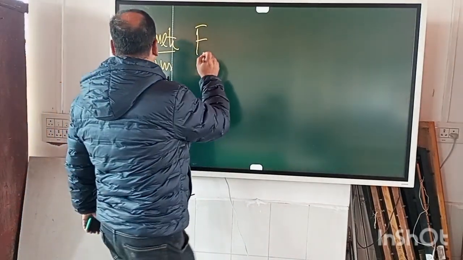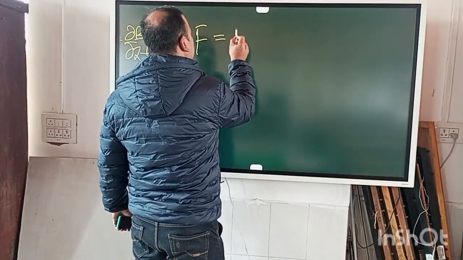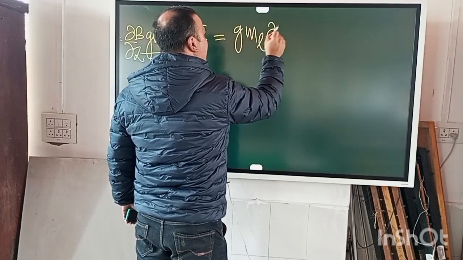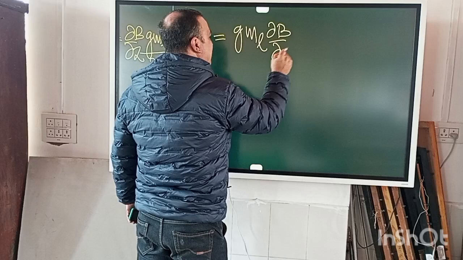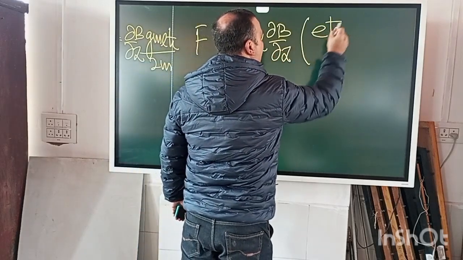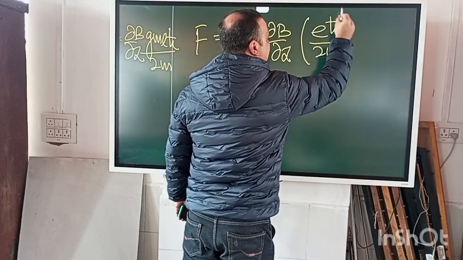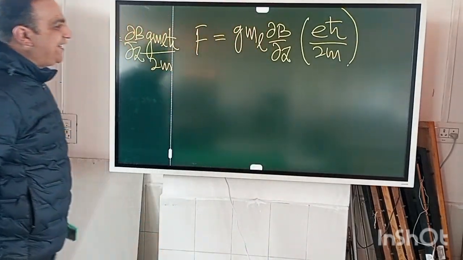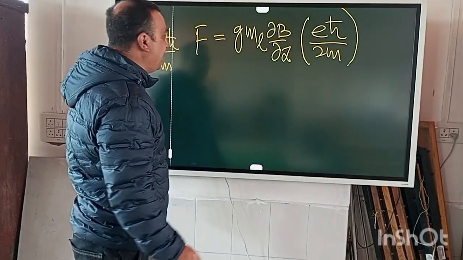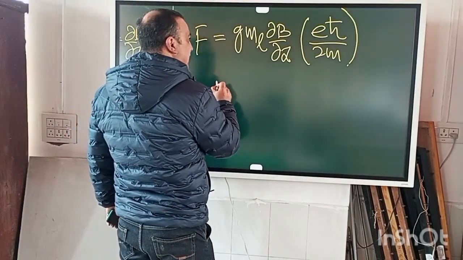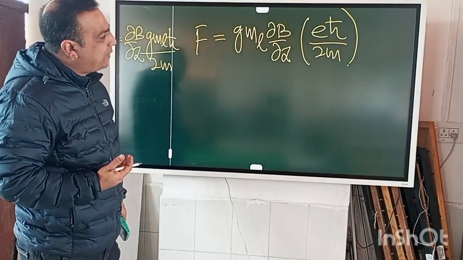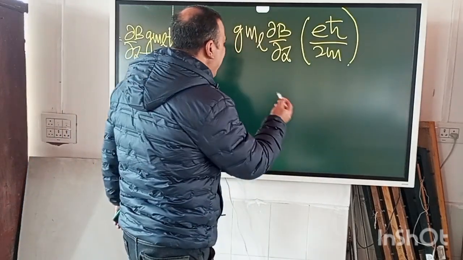So G is out, M_L is out, dou B by dou z, and then you have e h bar by 2m. The thing in the brackets is called the Bohr magneton, where e is the charge, h bar is the reduced Planck's constant, and m is the mass.